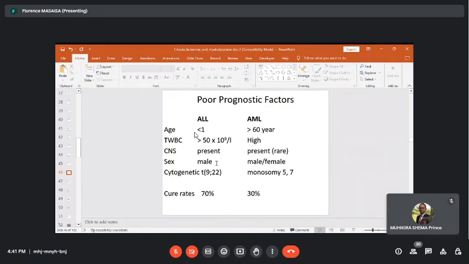When there is CNS involvement, that's also poor prognosis. For ALL, when the patient is male, prognosis is not good. For AML, there's no difference between male and female. For cytogenetics in ALL, the 9;22 translocation is poor prognosis. But monosomy 5 and 7 is poor prognosis for AML. Then the cure rate is better in ALL than AML.